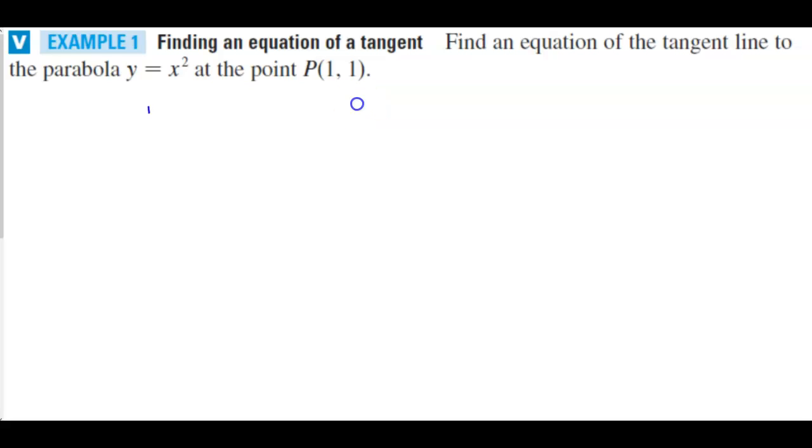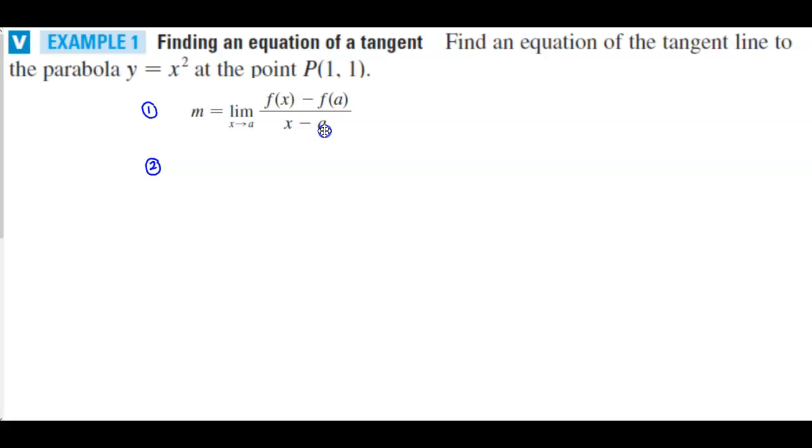We're going to use the definition of what the slope represents. If you recall, the slope is equal to the limit as x approaches a of f of x minus f of a over x minus a. So what do we know in our problem? Well, we know two things.